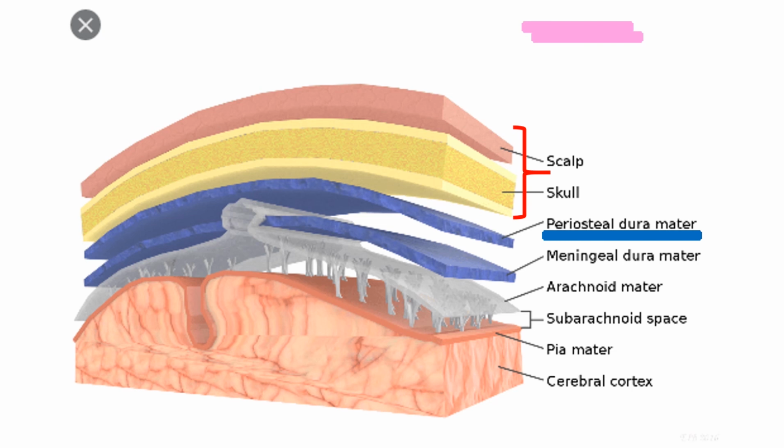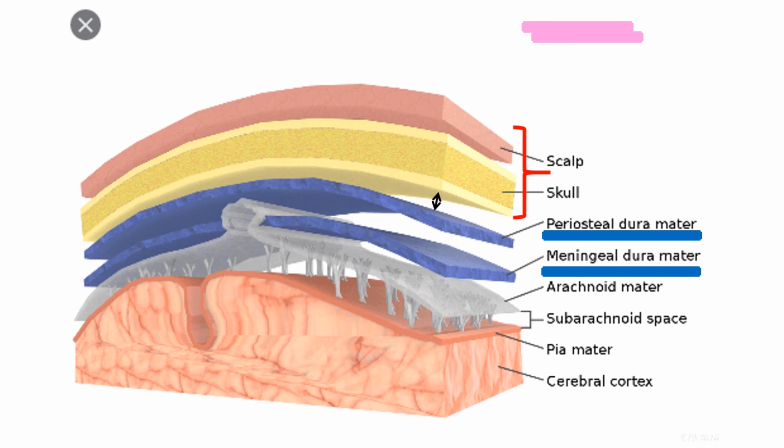The outer one is the periosteal part of the dura mater, and the inner one is the meningeal part of the dura mater. Now, these are stuck together, but they form different structures. We are not going to mention them at this stage.